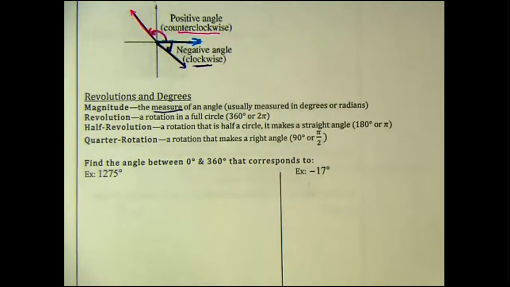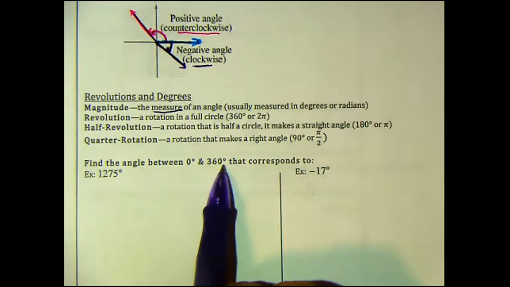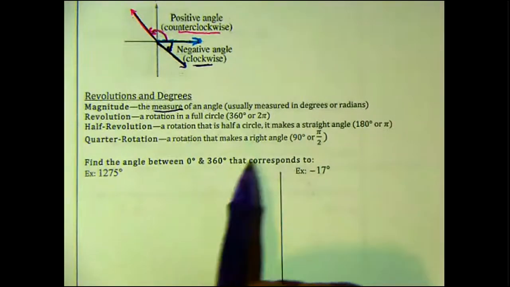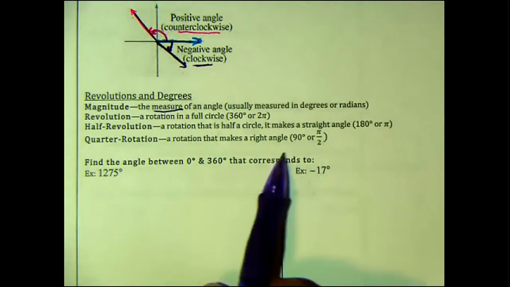Okay. So what do we do when we have an angle with a magnitude, and we're asked to find the angle between 0 degrees and 360 degrees that corresponds to the given angle, okay?